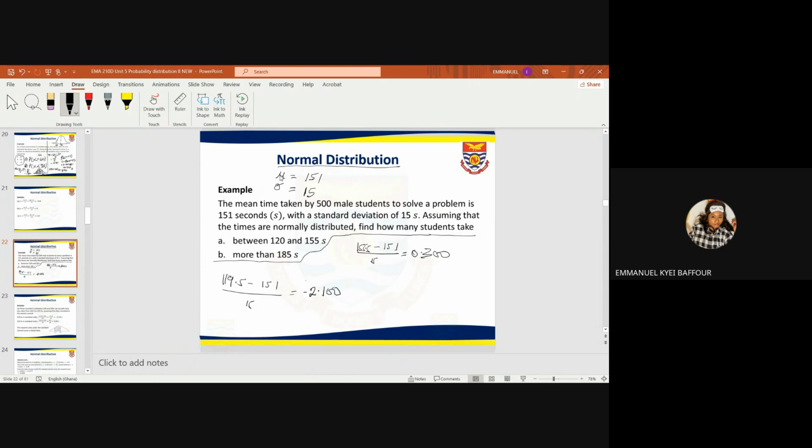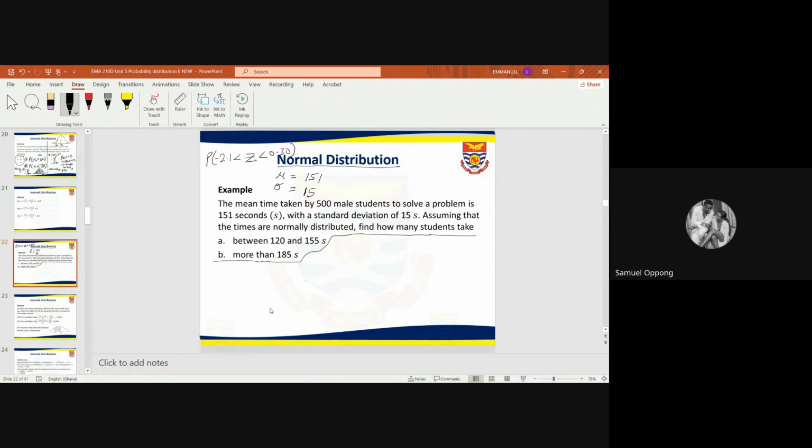Let's write the first one as P of negative 2.1 less than Z, and this less than 0.30. So this is what we are interested in now. I want to clear this part so that we can draw our distribution and see the various conclusions that we can have.